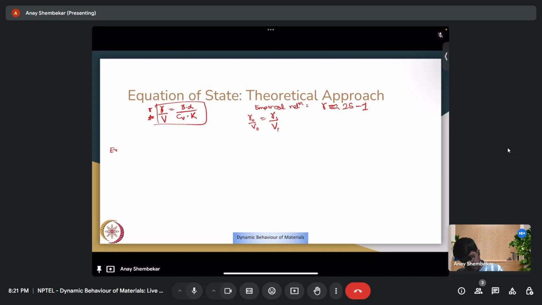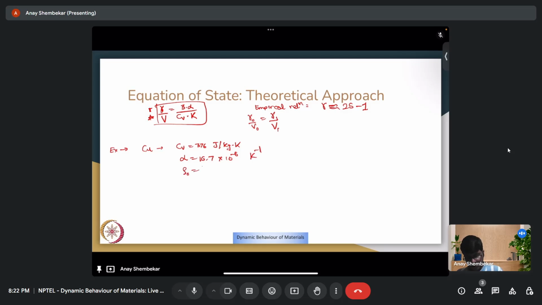If I look at an example, suppose copper. For copper, we know that CV is 376 joule per kg Kelvin. Alpha is 16.7 times 10 raised to minus 6 per Kelvin.